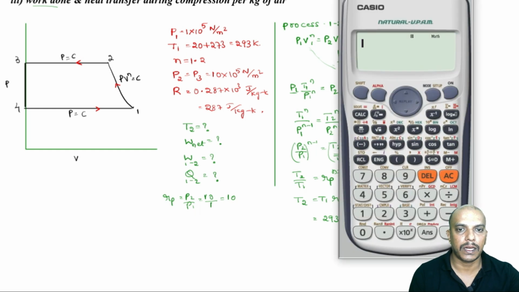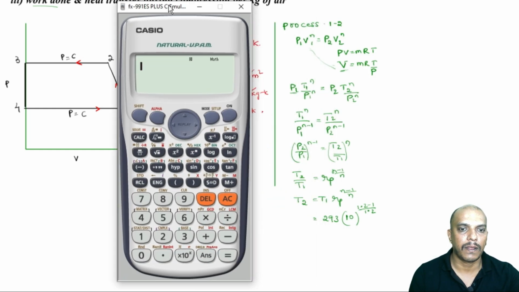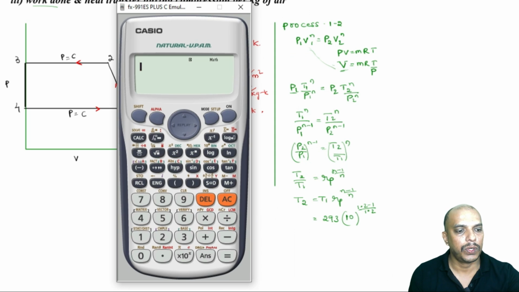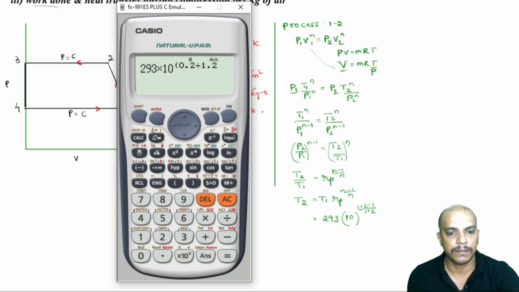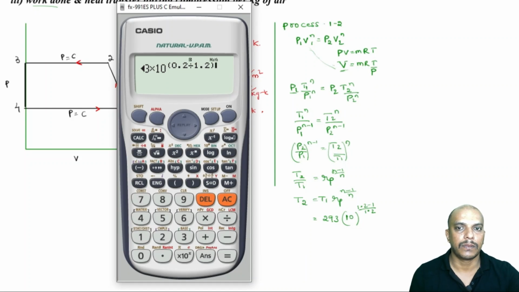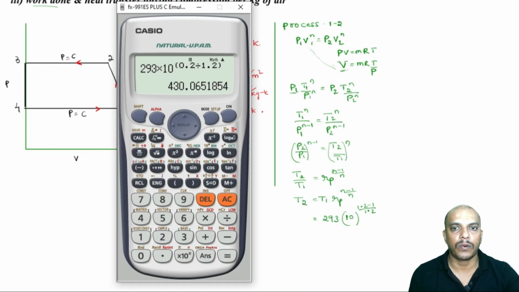Now let us calculate it. 293 into 10 power 1.2 minus 1, which is 0.2, divided by 1.2. So that will be 430.065.